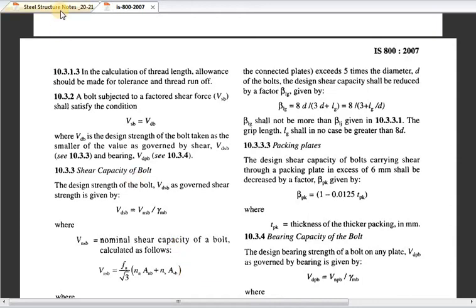So today only one problem will be solved, but this concept is very important to be cleared. I have referred to IS 800:2007 page number 75 in solving the concept, because it is very important how to find beta Lj, beta Lg and beta pk. This concept will also become clearer when you solve the problem.